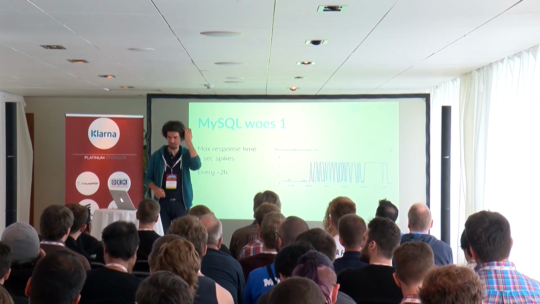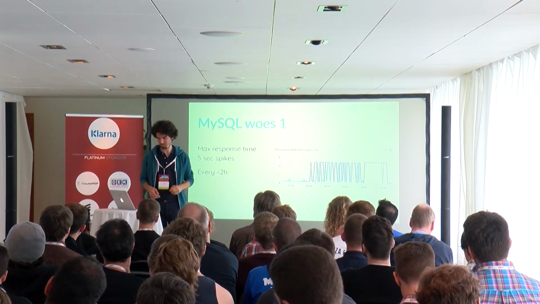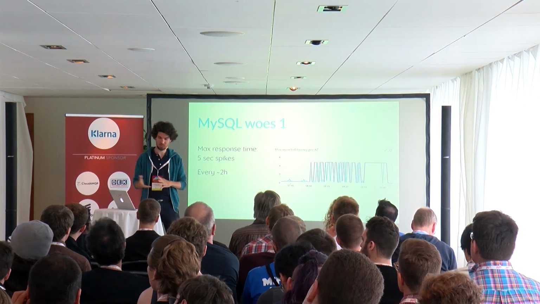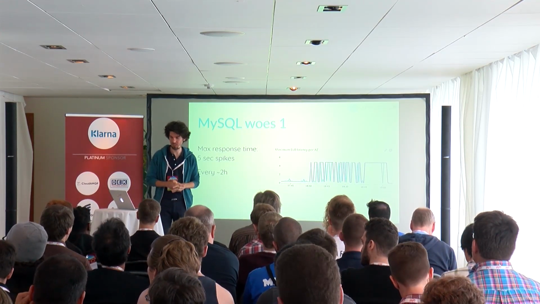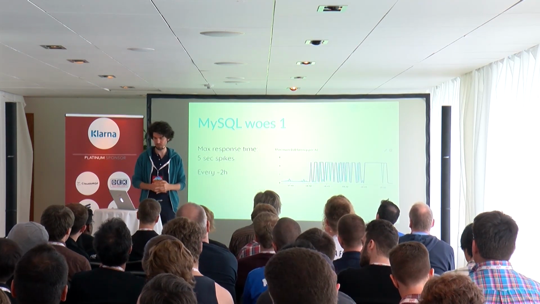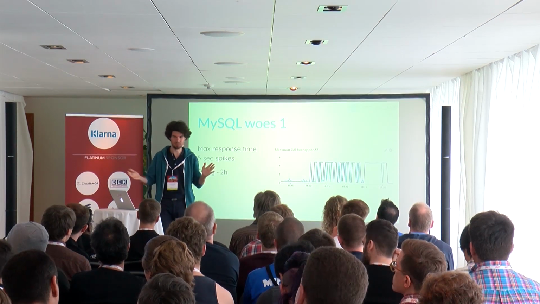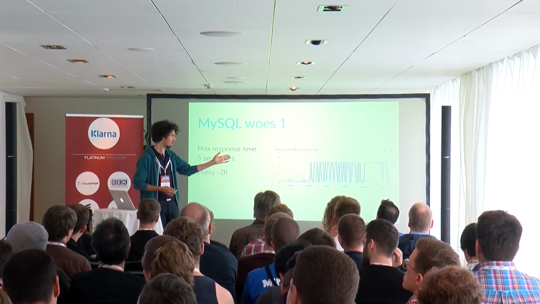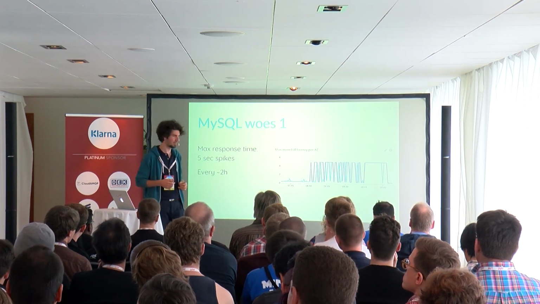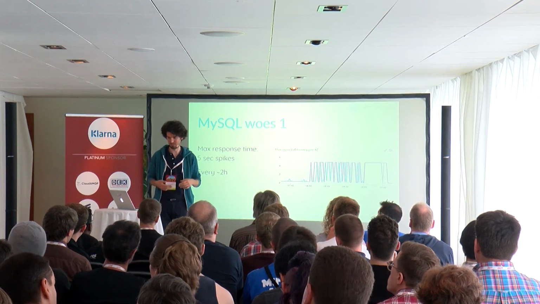The other examples are more recent and not that serious, so to say. The first one: in our monitoring system, we saw that the maximum latency response time was sometimes spiking to 5 seconds. Otherwise it was normal, but there were periods of about 1 hour with extreme cases, and this repeated every 2 hours.